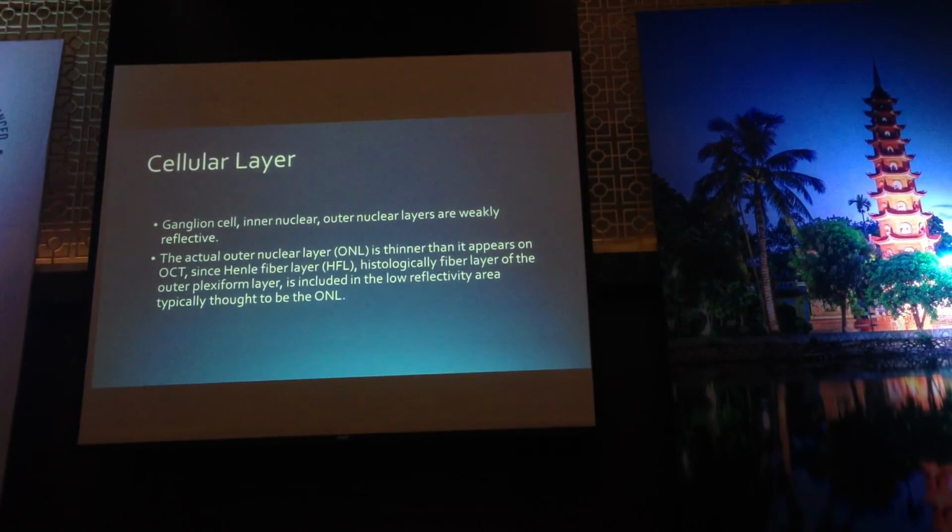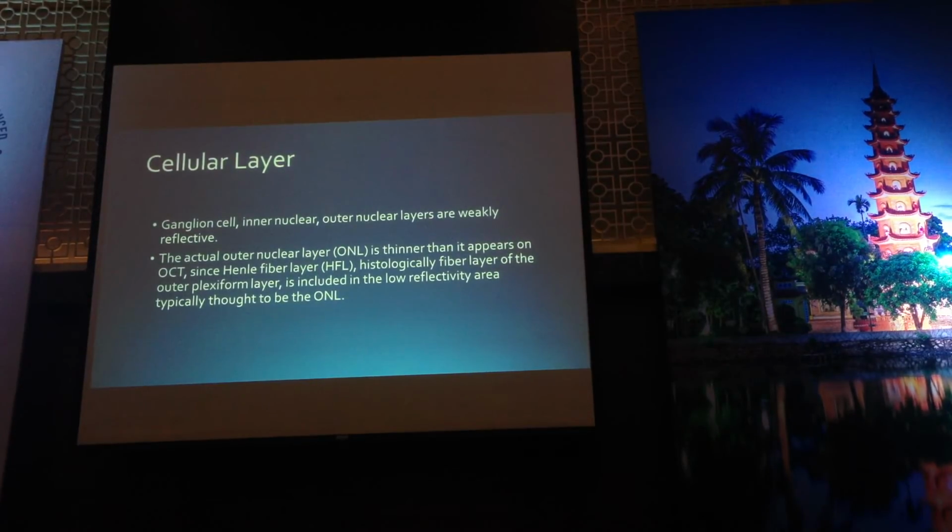Actually, the outer nuclear layer, when you see it from the OCT strip, is wider than it should be in reality, because, as I mentioned earlier, the Henle fibrous layer blends into the outer nuclear layer. So the low reflectivity of the outer nuclear layer actually contains some fiber of the Henle fibrous layer as well.